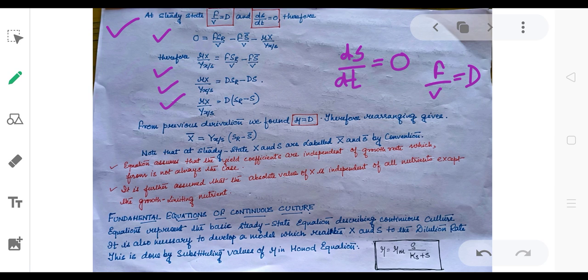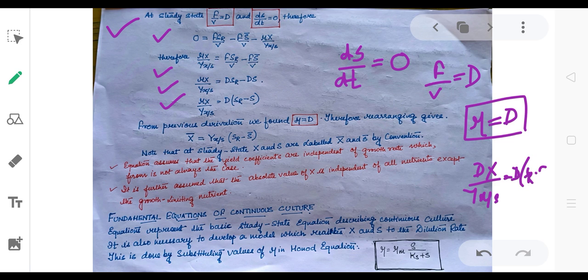Now you know from the previous equation, where we related your dilution rate with cell concentration, that μ is equal to D. That we have already established. So now if you put the value of D in μ, you get D·x/Yx/s is equal to D(SR minus S).